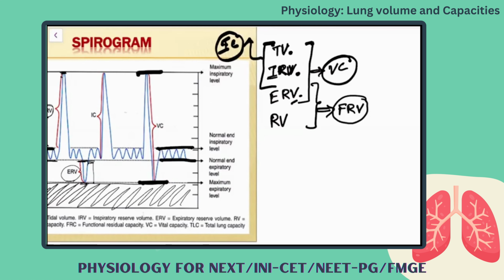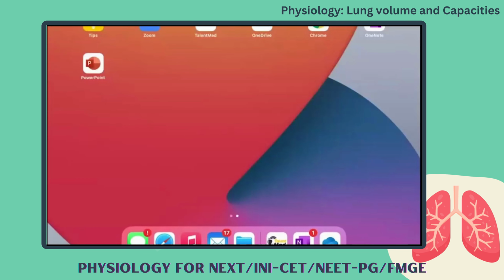Expiratory reserve volume is forced breathing. Residual volume is never involved in forced breathing either. So these two will give you the functional residual capacity. Okay, and the combination of all the 4 is the total lung capacity. Okay, so this is how you will define the lung volumes and the capacities.